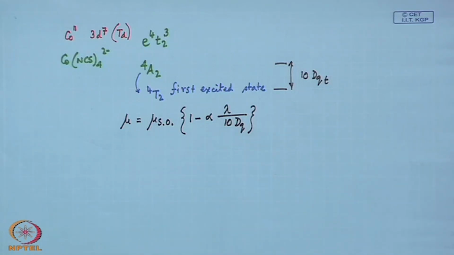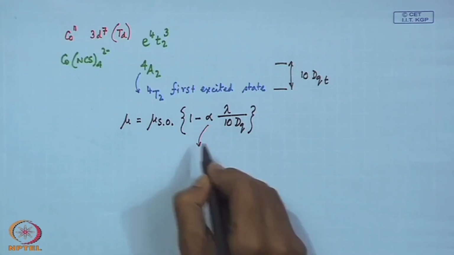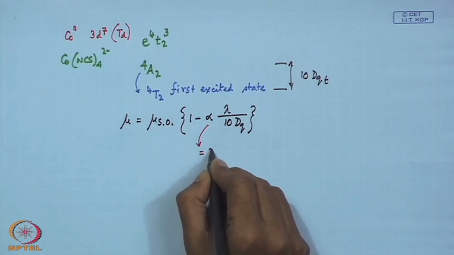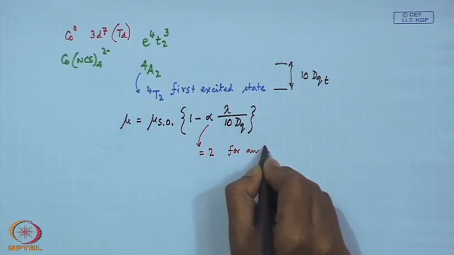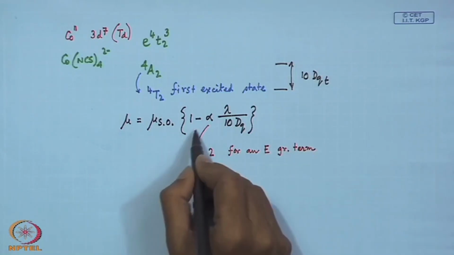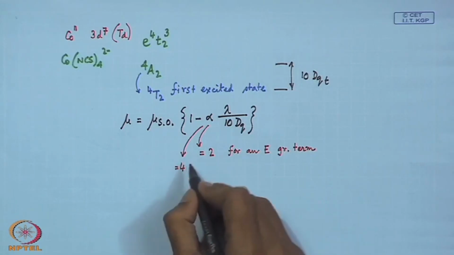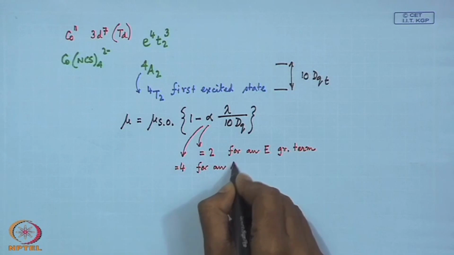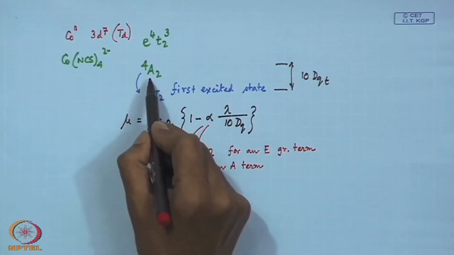In this equation, alpha is a constant and it has different magnitudes for different terms. It is equal to 2 for an E ground term, and it is equal to 4 for an A term or A2 term like this.